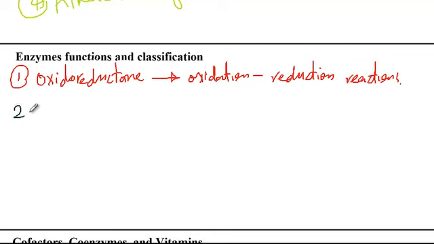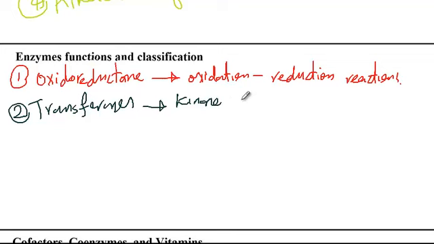Then we have transferases, which catalyze transfer of a group to a molecule, like for instance kinase, which catalyzes transfer of a phosphate group.